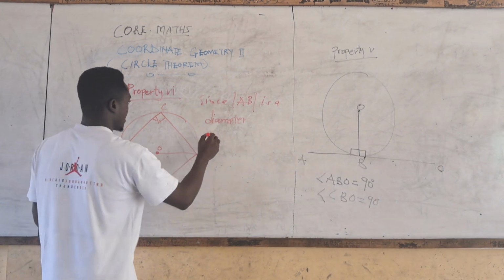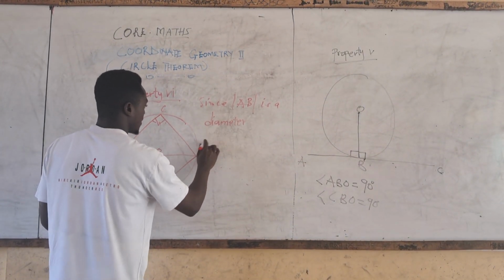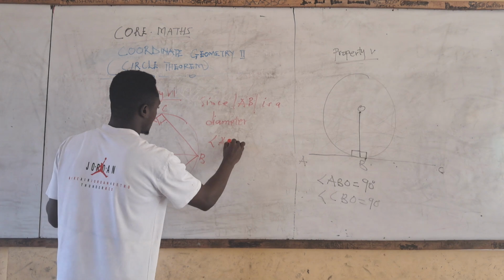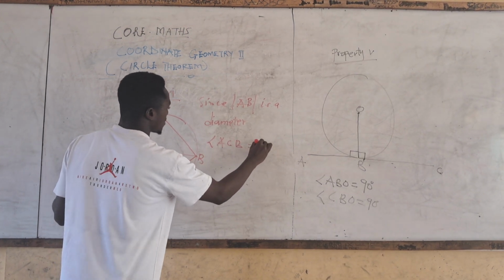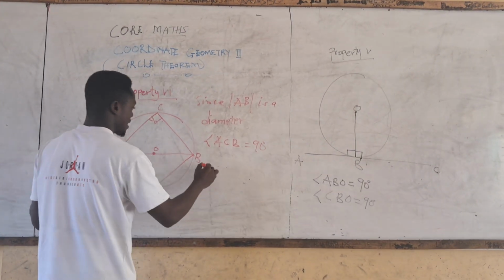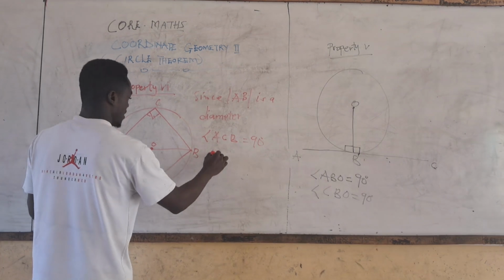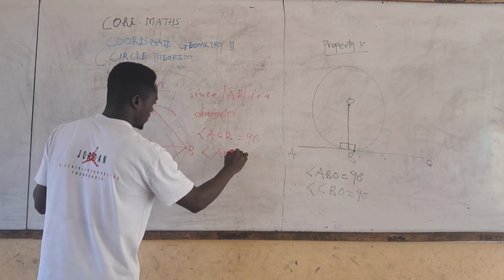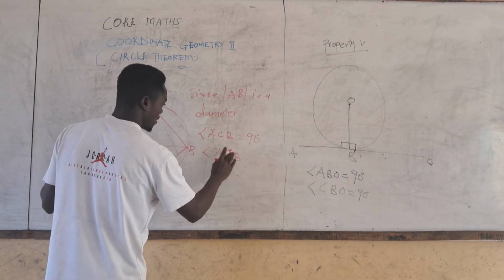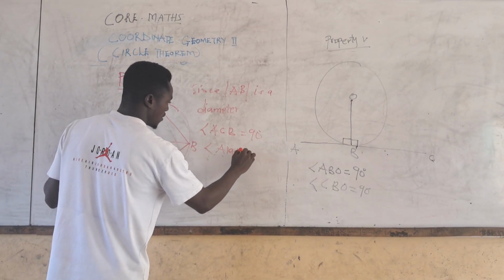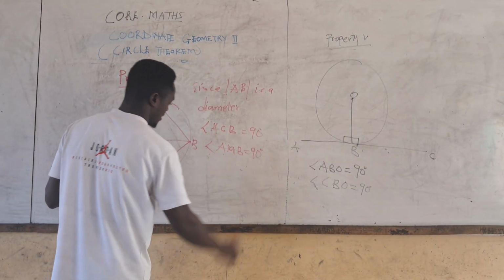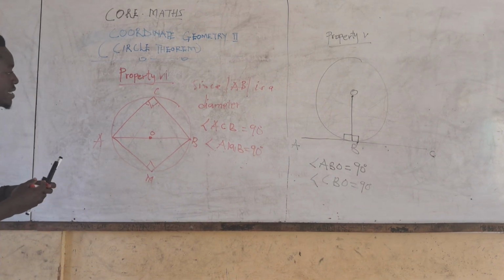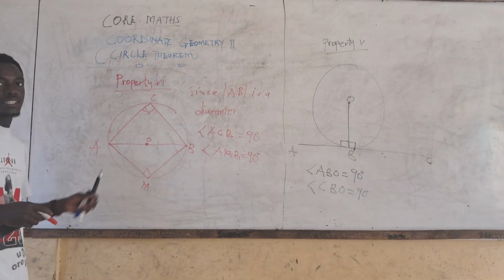Therefore, angle ACB is equal to 90 degrees, then angle AMB is also 90 degrees.